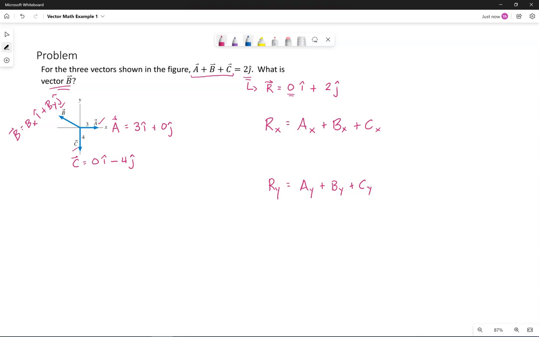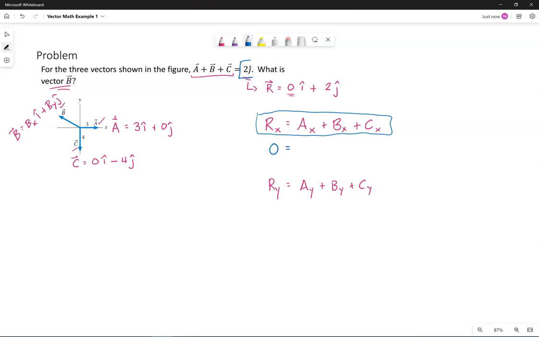To come over and plug in, this represents that we add all the x components together of all the vectors we're adding, and those together determine the x component of the answer. So that's what we're working with. In this case, we know there should not be an x component in our answer.